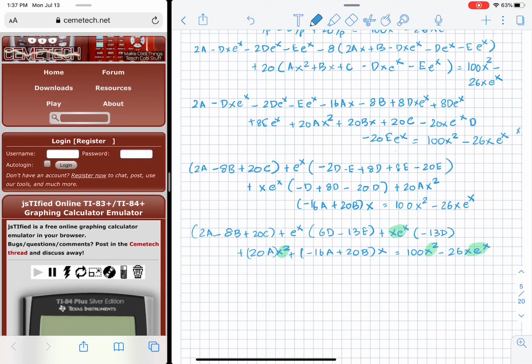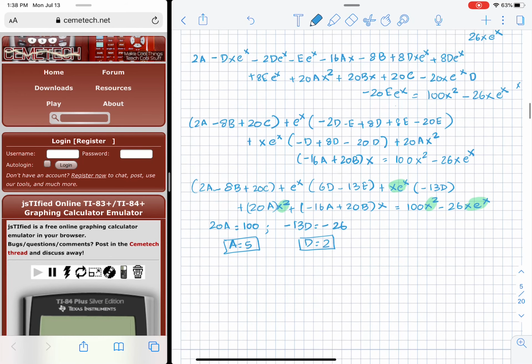So 20a would equal 100, and negative 13d would equal negative 26. So a would be 5, and d would be 2. But you can't simply say the other coefficients are 0.